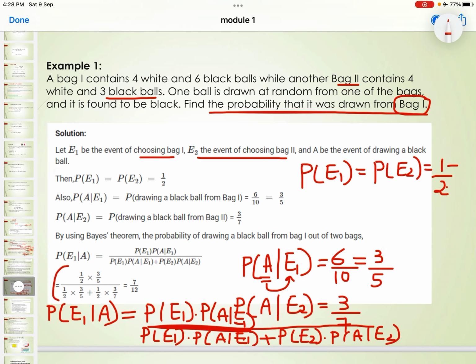So when you substitute these values, probability of E1 is 1 by 2, probability of A given E1 is 3 by 5, upon probability of E1 1 by 2, A given E1 is 3 by 5, plus probability of E2 is also 1 by 2, probability of A given E2 is 3 by 7, you get answer as 7 by 14.